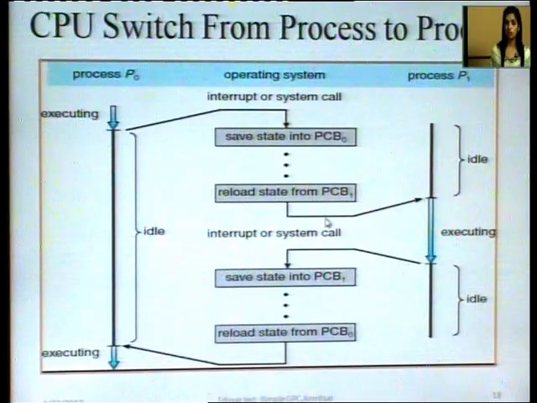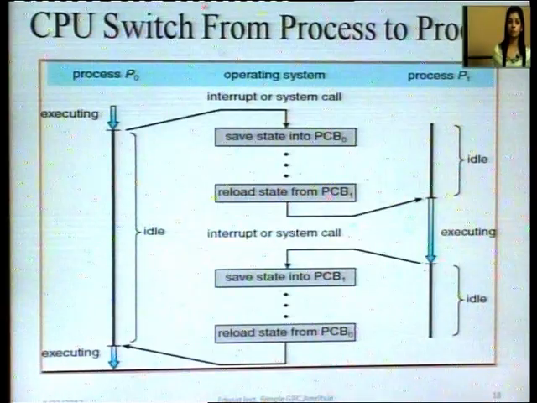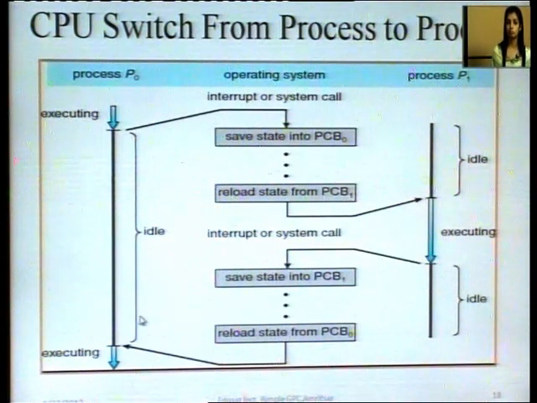Then the addresses of P0 are reloaded and the rest of the process executes.